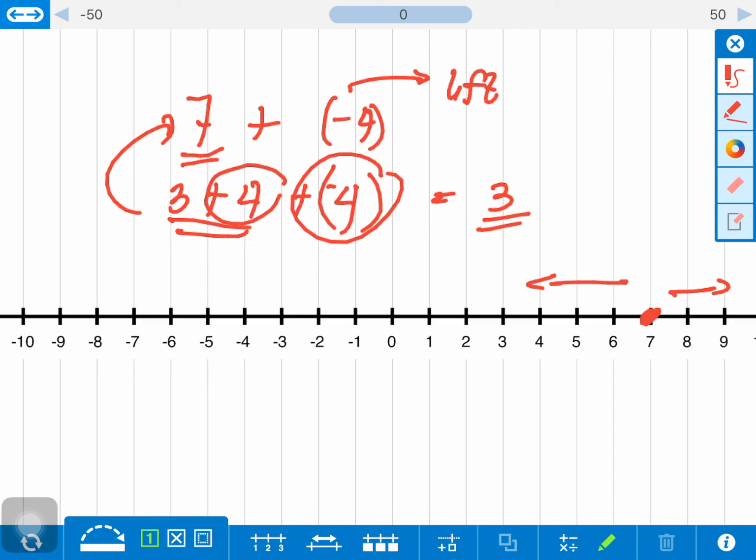So from 7, we move 4 units to the left. That's 1, 2, 3, and 4. Which means that the answer is going to be positive 3. So I presented to you two ways of adding integers: through the use of opposites, and through the use of the number line.